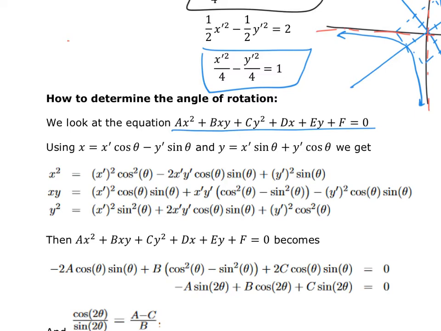I'll have an ax squared, a bxy, and a cy squared if I have an ellipse, a hyperbola, or a circle. If I am missing the c part or the a part, if c is 0 or a is 0, then I have a parabola. Otherwise, if a, b, and c are none of them 0, then I have an ellipse, a hyperbola, or a circle.